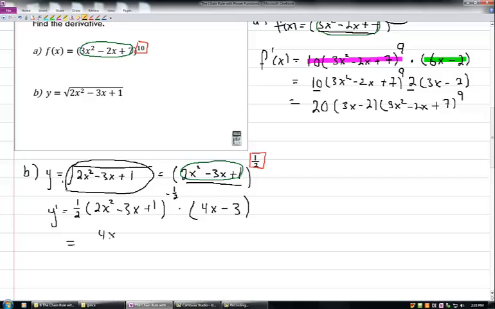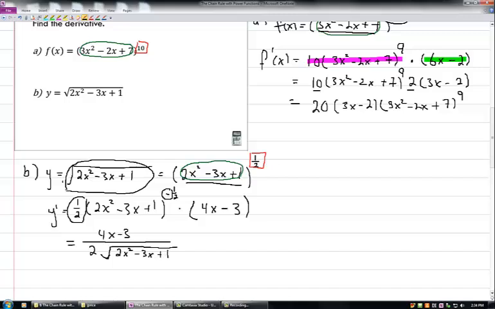So what I have is a 4x minus 3 on top, all divided by, I have a 2 on bottom because it's 1/2 here. So 1/2 means put a 2 on the bottom. And then this minus sign means to put this downstairs, so I have the square root of 2x squared minus 3x plus 1.